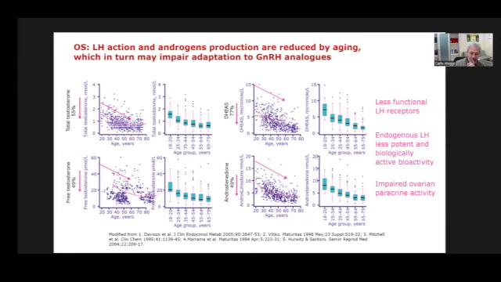Just to tell you, LH is able to induce androgens and is able to express anti-apoptotic activity.